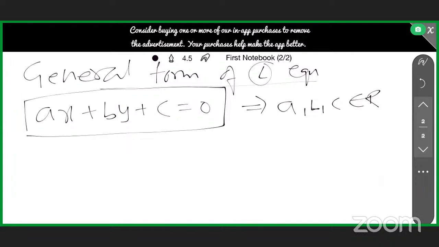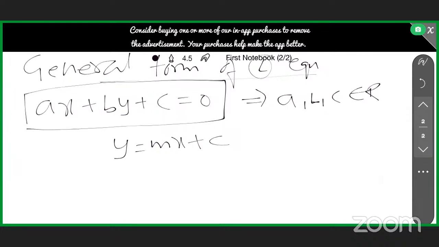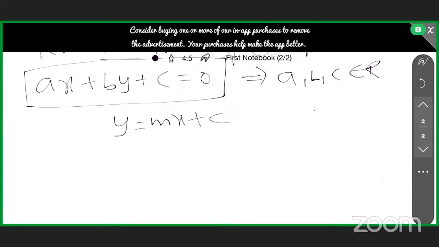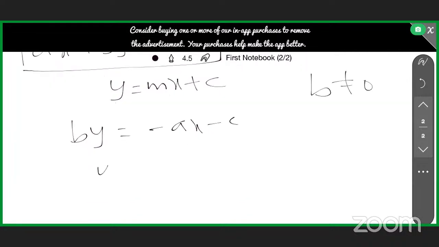If ax plus by plus c is equal to 0, then we have to find the slope. We know that y is equal to mx plus c is the slope form. Now I am going to reduce this equation. If b is not equal to 0, the equation becomes by is equal to minus ax minus c, so y is equal to minus a by b into x minus c by b.